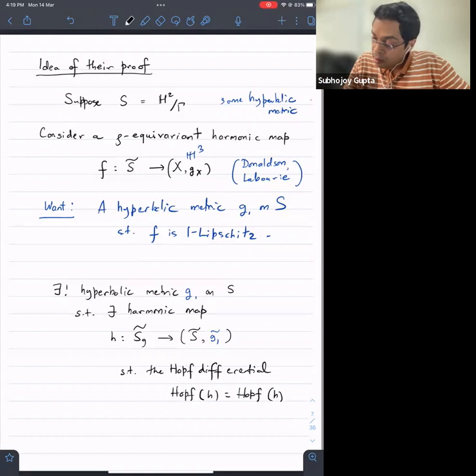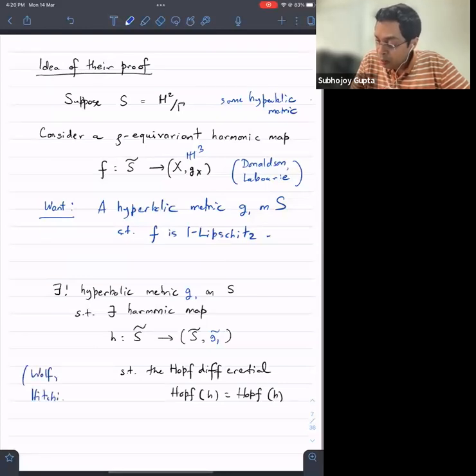And there's another analytical input here, that you can find such a hyperbolic metric. And this hyperbolic metric turns out to be one such that there is a harmonic map from the hyperbolic metric we started off with to this new metric with the same Hopf differential as this harmonic map F that we had. Okay, so this is just in case people are familiar with some of these things.